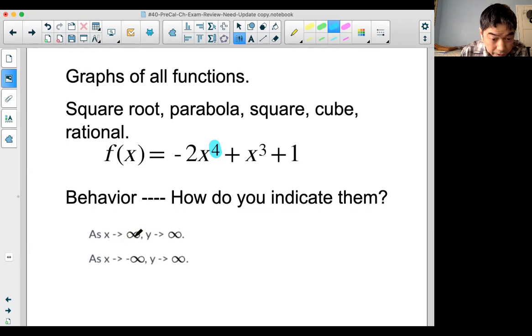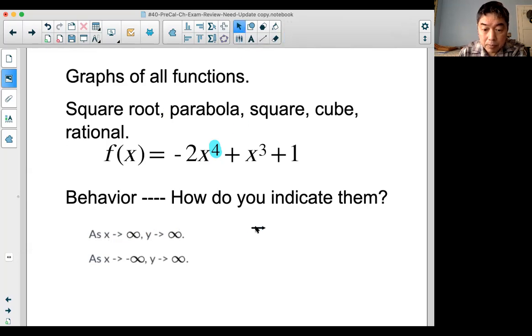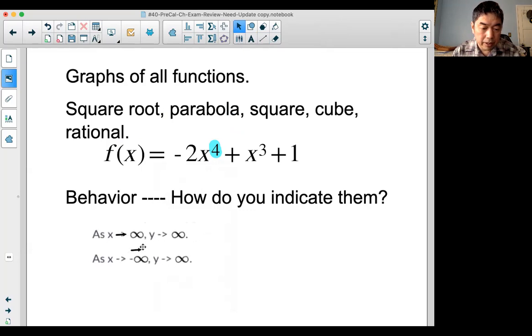X approaching infinity. So you can treat this one as an arrow sign, okay? So if x is approaching this, y is approaching this. It's hard to copy and paste.